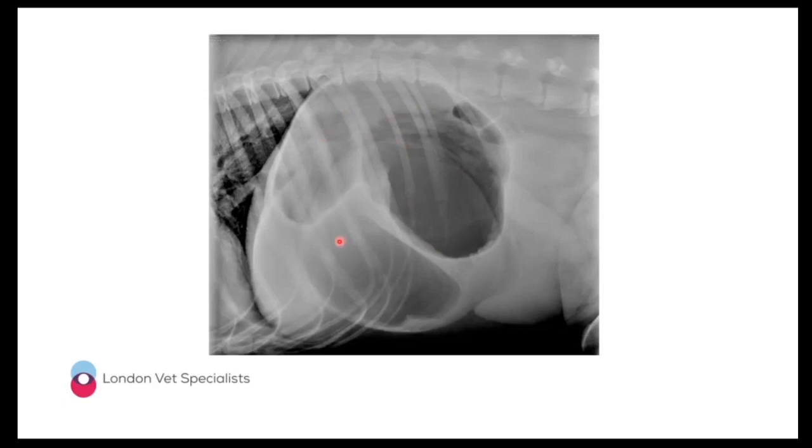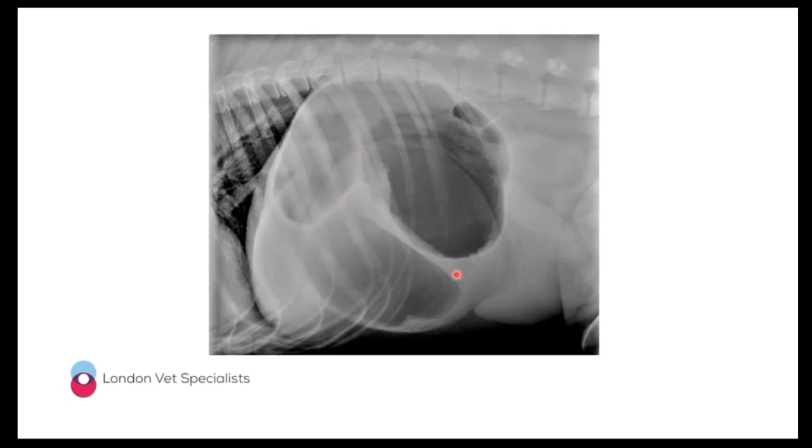We can see that the stomach looks like it's made up by 3 compartments, and you sometimes hear people use the word compartmentalization when they're describing the changes associated with a GDV, and that's what it's referring to, these soft tissue bands that are bisecting the stomach.